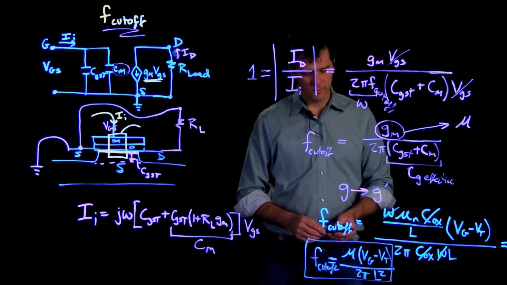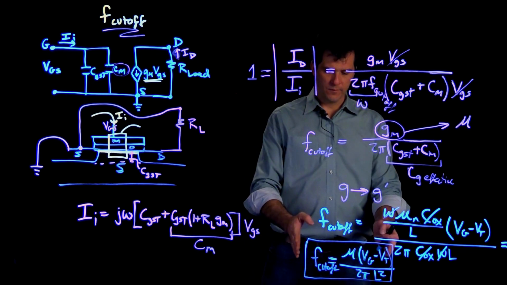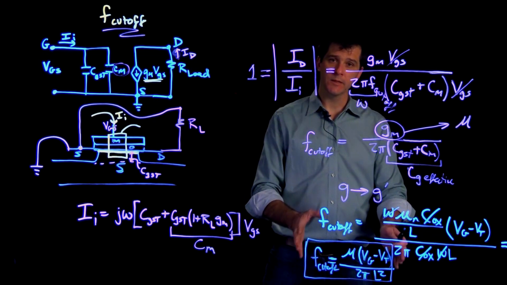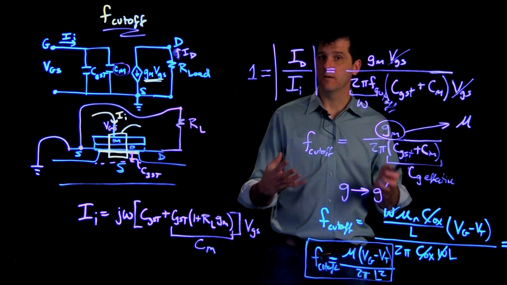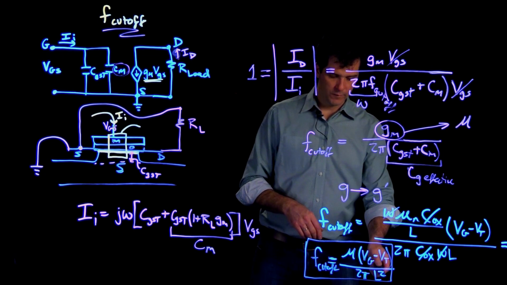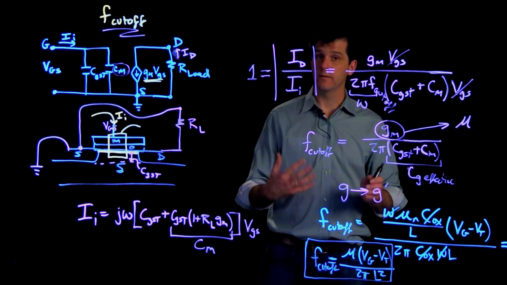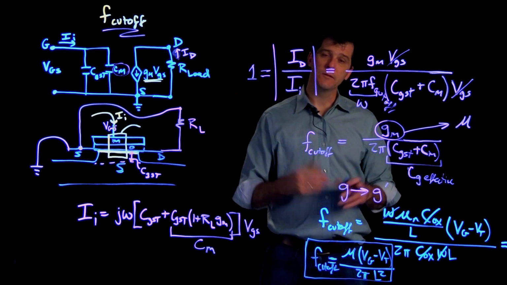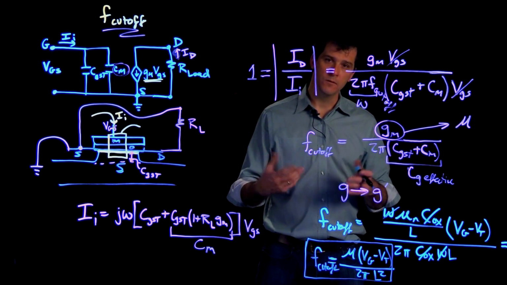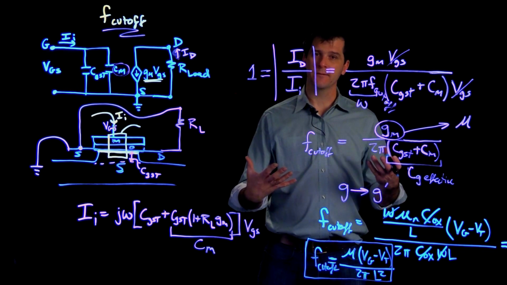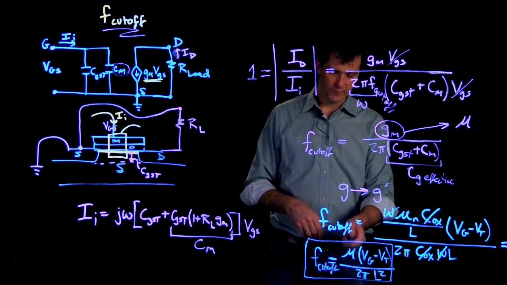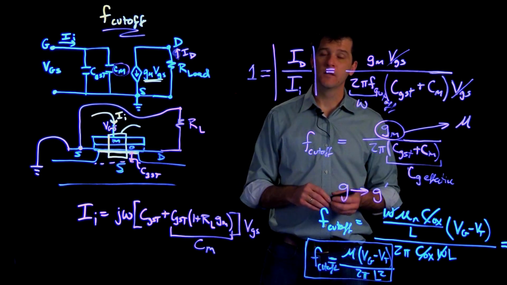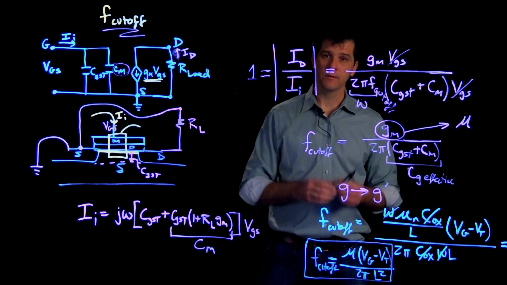The mobility does appear in there, but this expression actually tells you a lot about why we want to make smaller and smaller MOSFETs. And it's because of this squared dependence on the channel length. So if we can shrink the channel by a factor of 2, we can speed up our MOSFETs by a factor of 4 and get more bandwidth. Also, if we can do anything to improve the mobility, we can greatly enhance the bandwidth of our MOSFETs.